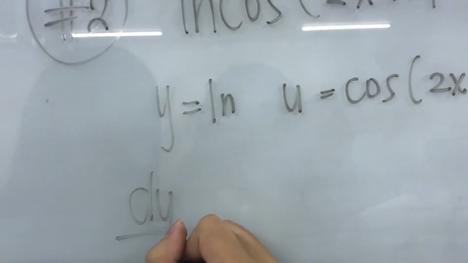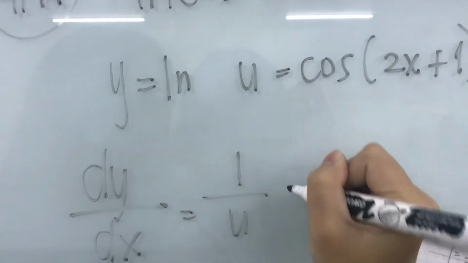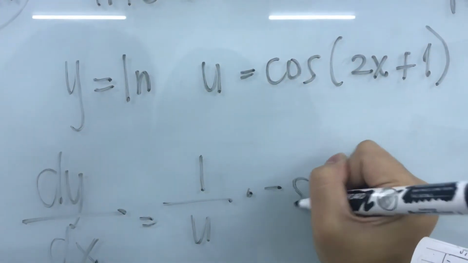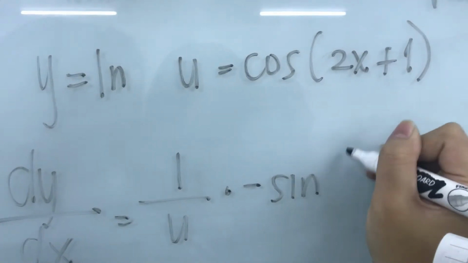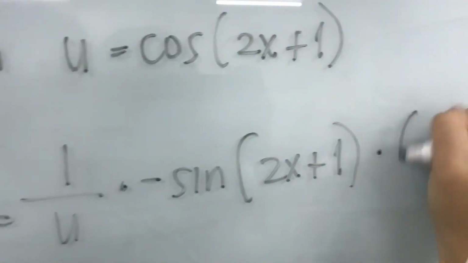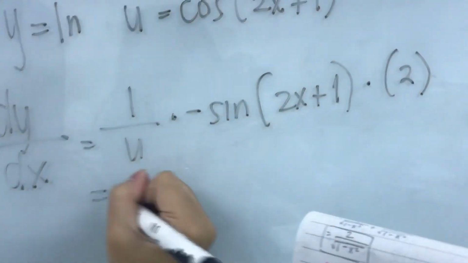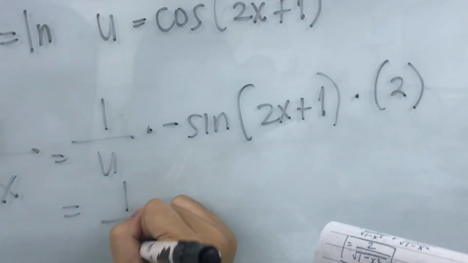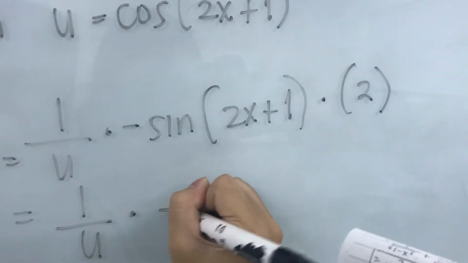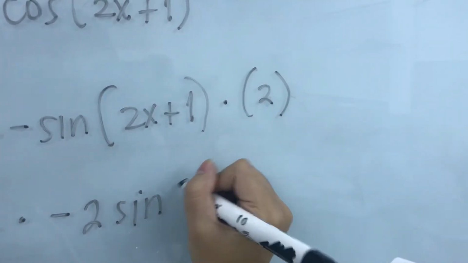It will be dy over dx is equal to 1 over u multiplied by negative sine of 2x plus 1 multiplied by the derivative of 2x plus 1, which is 2. Then, we rewrite the equation: 1 over u multiplied by negative sine of 2x plus 1.